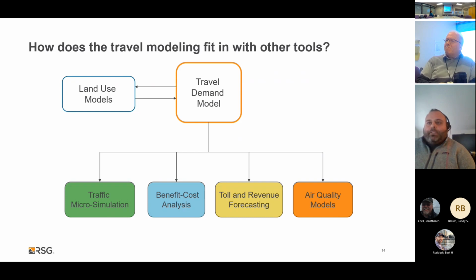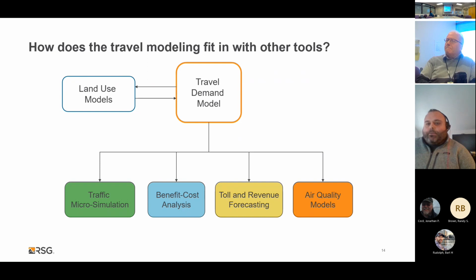So for example, a land use model can have a direct interaction where the land use model is predicting where people are going to locate, where businesses are going to locate. And a big factor of where businesses and people locate is the transportation accessibility to employment, to shopping, access to out of region travel.